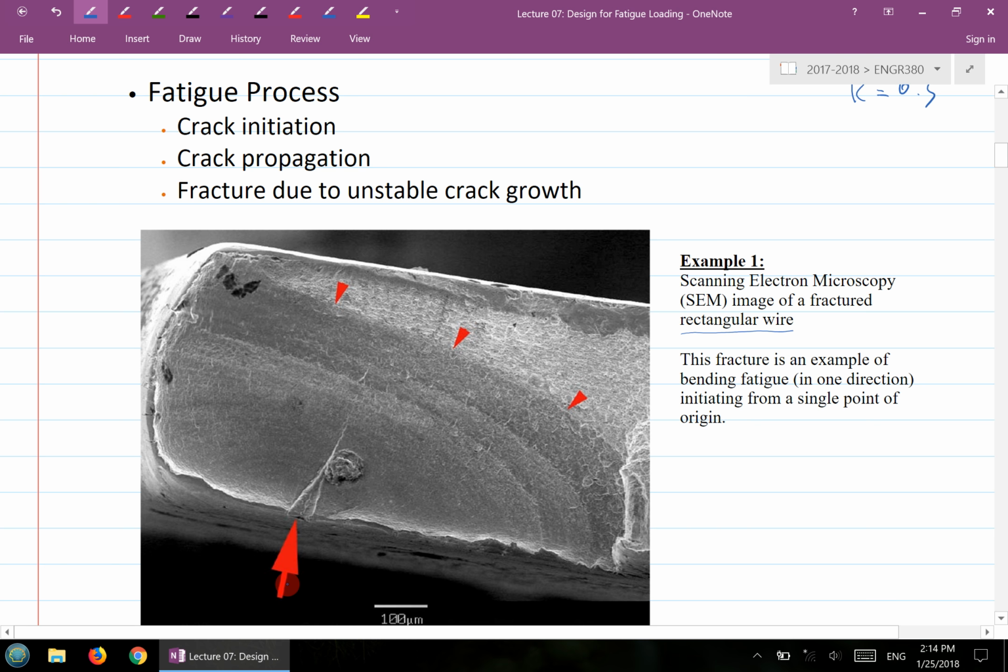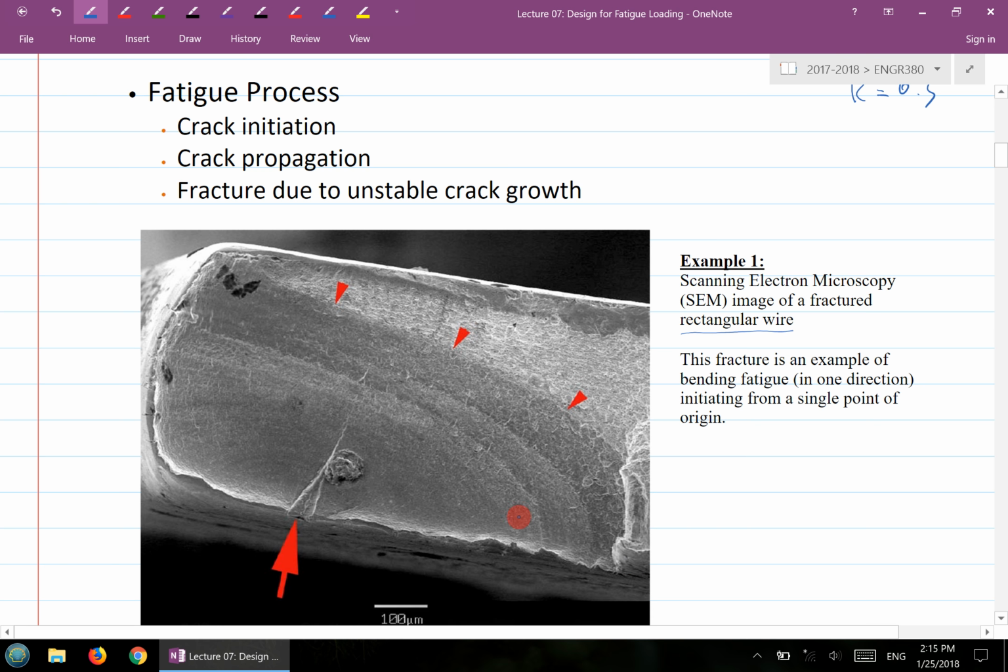It's progressing like a dark sand area here, so there are waves here. If you look at another picture, there's a progressive crack propagation up to this last section here. At that stage, the piece of wire just cannot resist another bending anymore, and it just cracks.